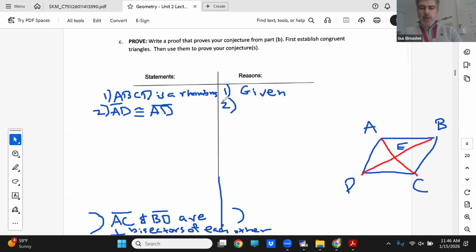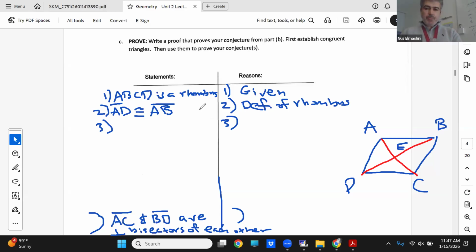Okay, hold on, I meant to say AB, my apologies. AD congruent to AB, and that's the definition of a rhombus. I'm doing it this way because I want to prove that two particular triangles are the same, just so it's not too confusing.